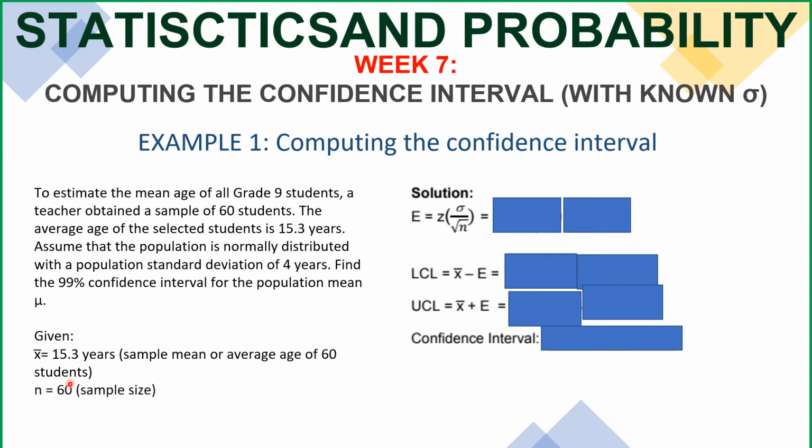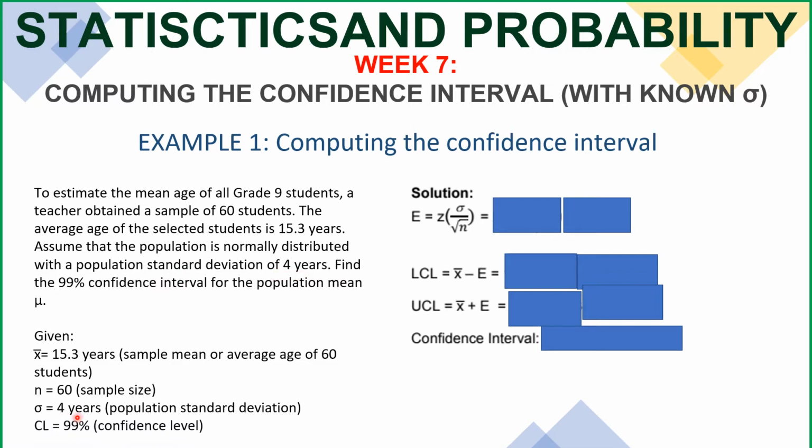Next is the sample size. We have sample size of 60 students. So, yun yung kabuang population natin, sample size. Next is the sigma or the population standard deviation of 4 years. Nakasulat naman dito. Population standard deviation of 4 years. So, sigma is 4 years.